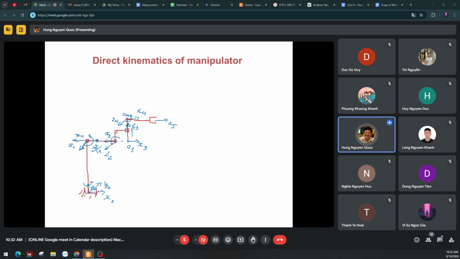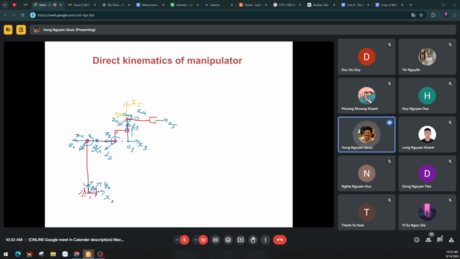So you cannot put it here, but you should put it here, and then you should choose here also. This is X5. So in this case, O4 and O5, you should choose coincident. Okay, so you understand? Remember the rule like that.